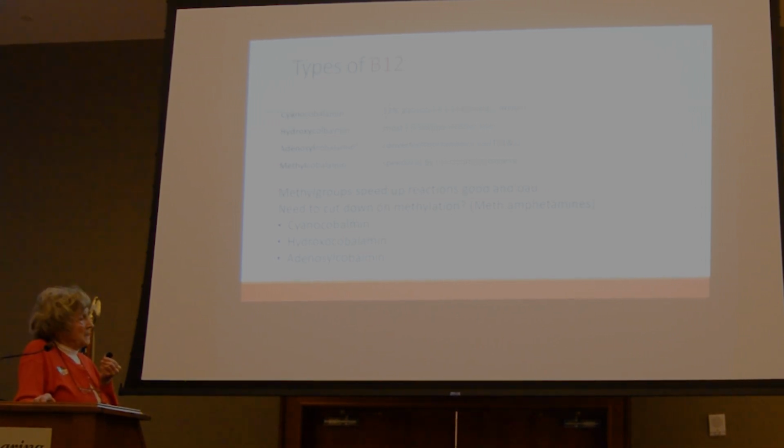Hydroxycobalamin is most of the B12 found in food. So beef, chicken, turkey, eggs, most of the meats and things are full of hydroxycobalamin. Adenosylcobalamin is converted from hydroxy via transcobalamin, which is a gene.